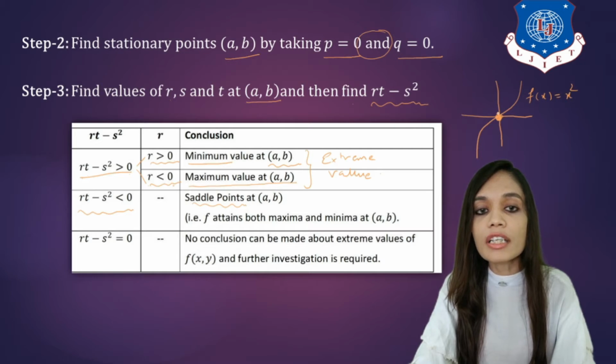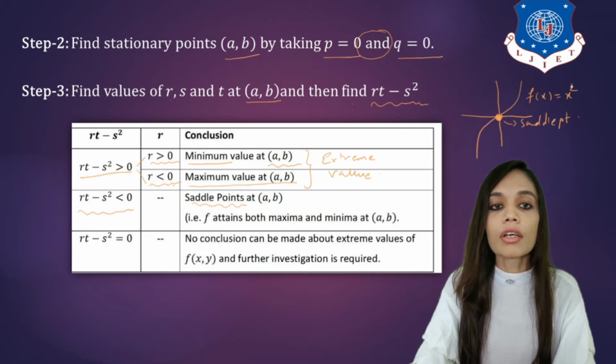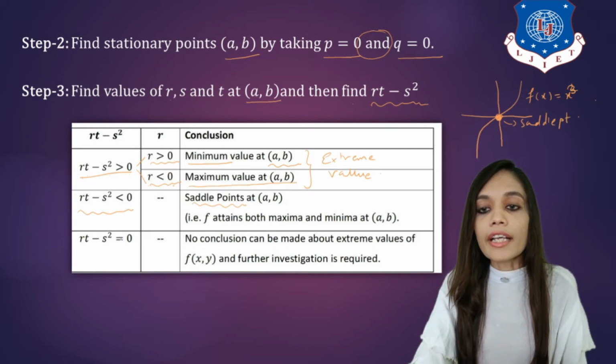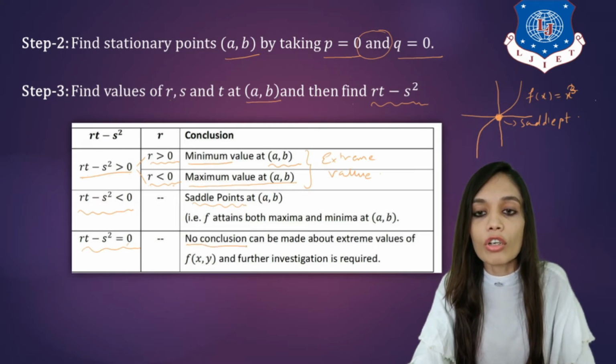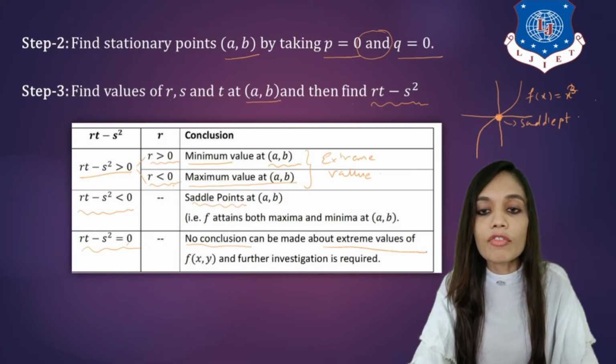So origin is known as saddle point. Next, if rt minus s square is equal to 0, then we cannot apply this method, that is we cannot get any solution about extreme values.